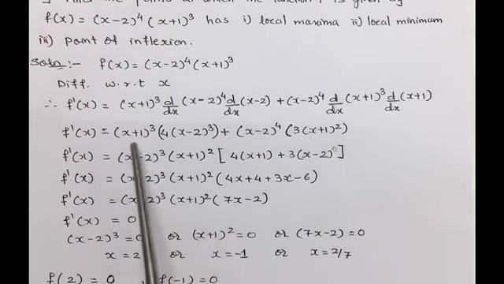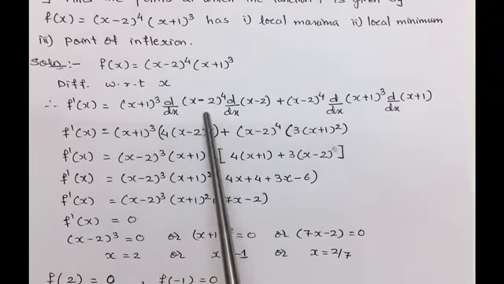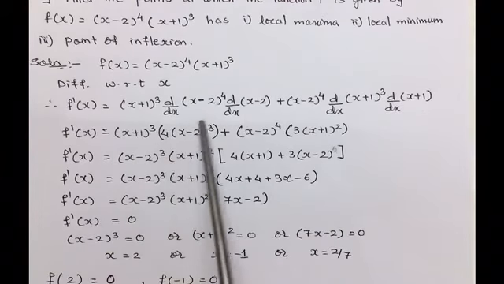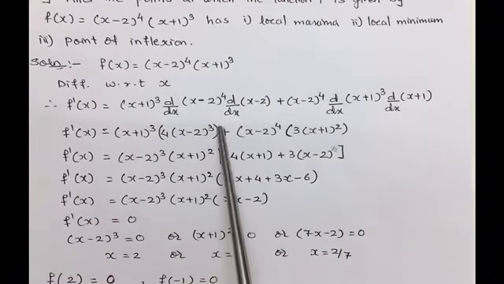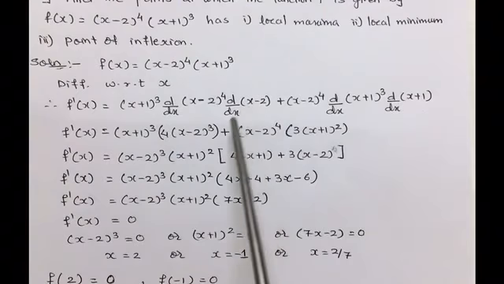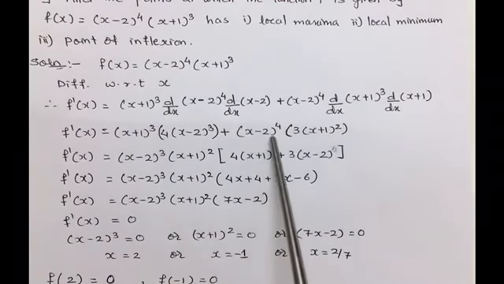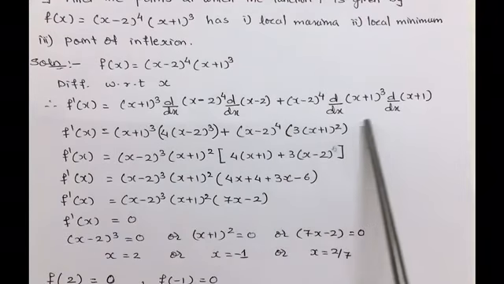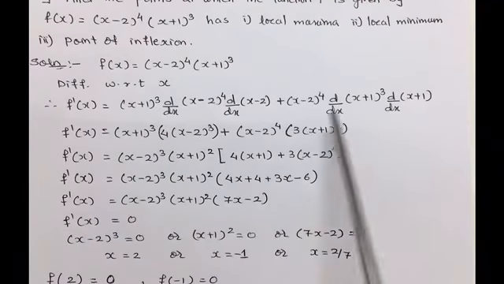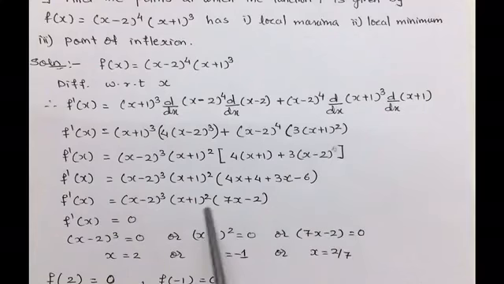So here we get the first derivative will be x plus 1 cube, 4 times x minus 2 cube, derivative of x is 1. Here we will get x minus 2 raised to the power 4 as it is, 3 times x plus 1 square.